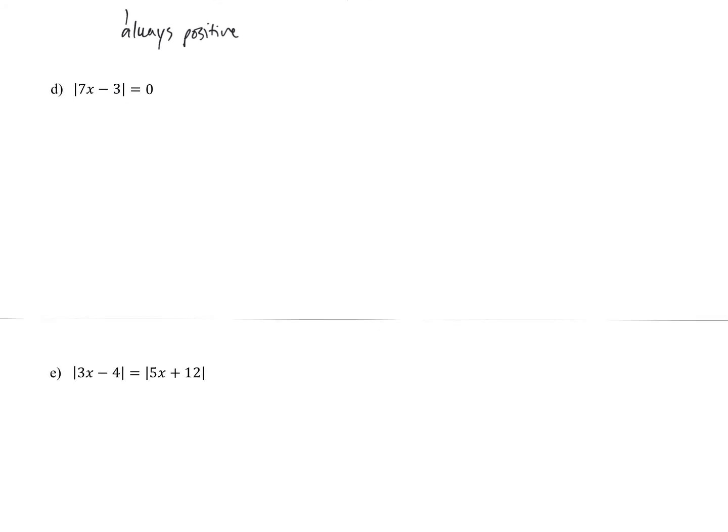Alright, so D, let's take a look at D. This is asking the absolute value of 7x minus 3, when is that equal to 0? Well, this is one of those special cases. Because it's equal to, if we tried to split it using the regular equal method, it'd be 7x minus 3 equal to 0, or 7x minus 3 equal to the opposite of 0, which would still actually be 0.